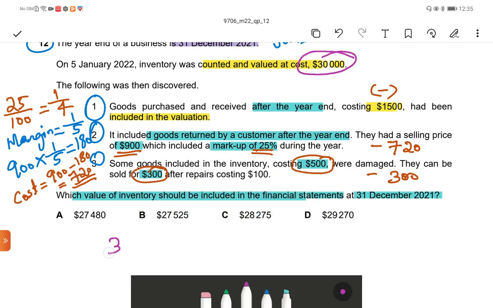This is 30,000 minus 1,500 minus 720, minus 300.